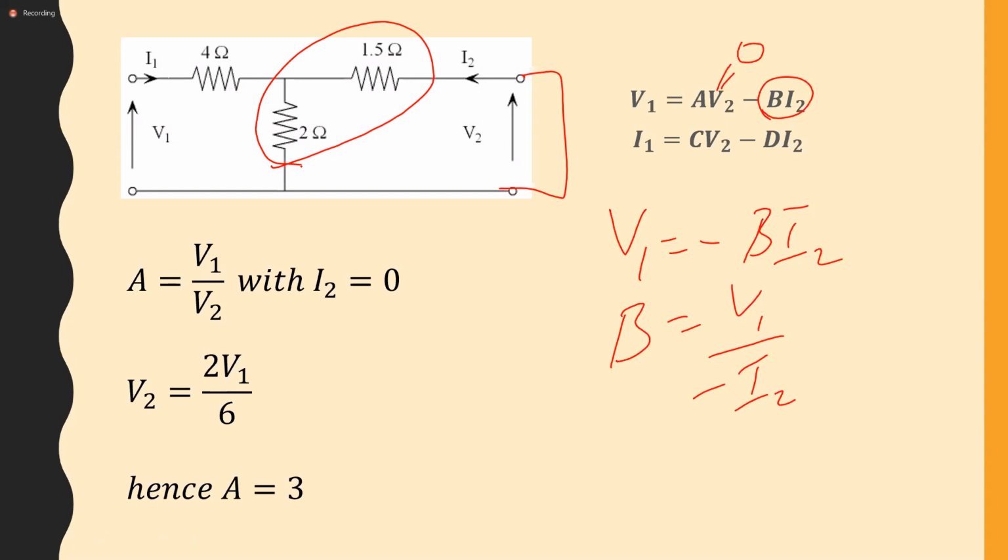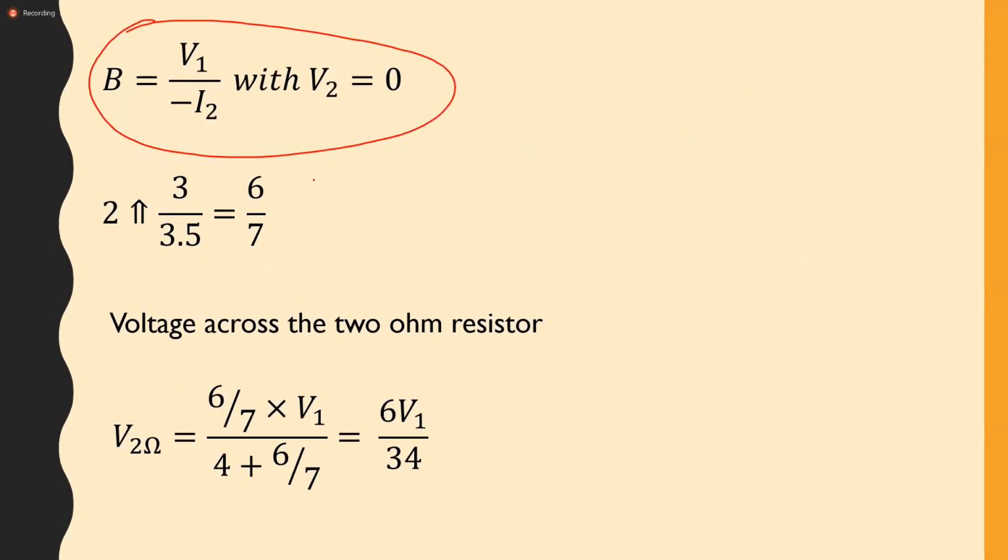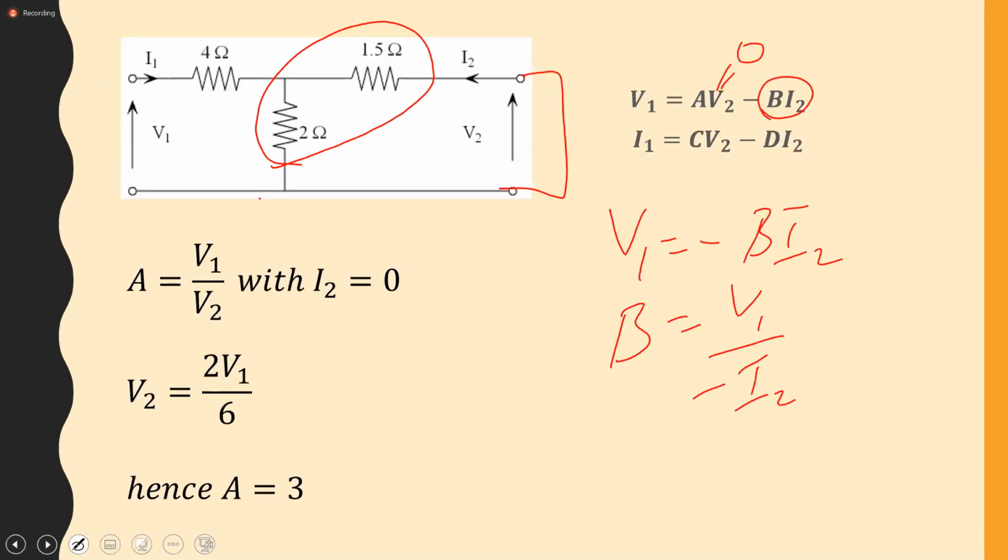All right, scratch this. If we go back to the circuit, it will be 2 in parallel with 1.5. Everybody agree with that?